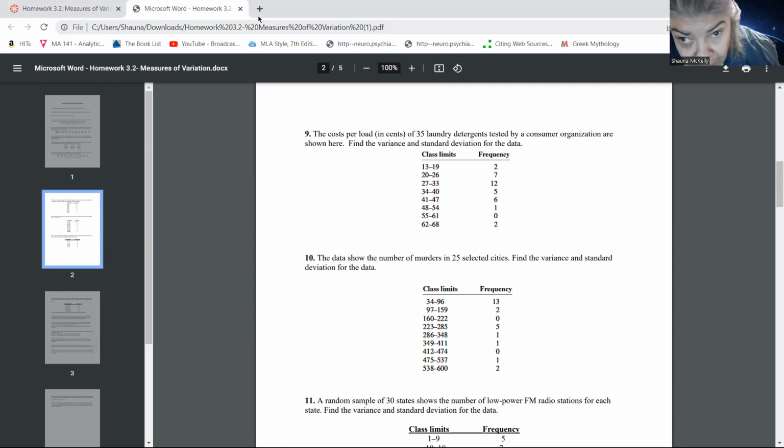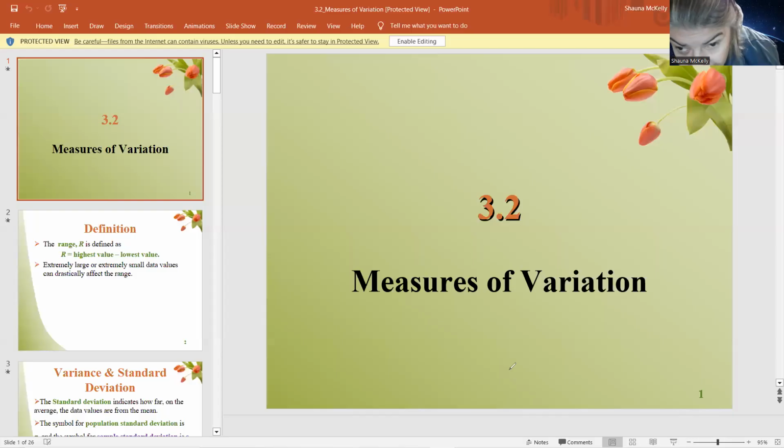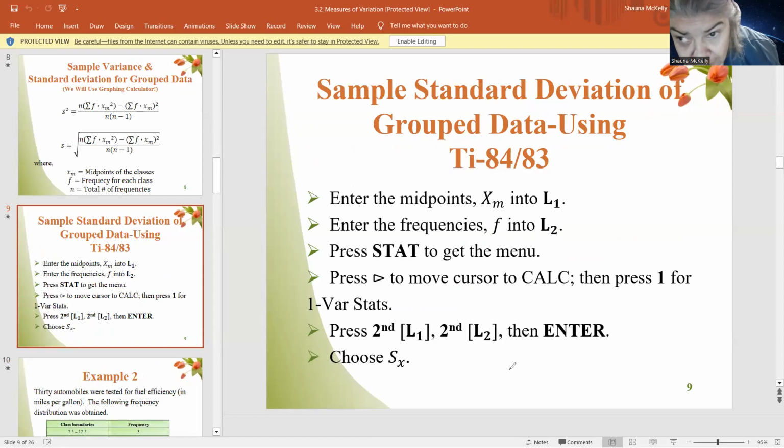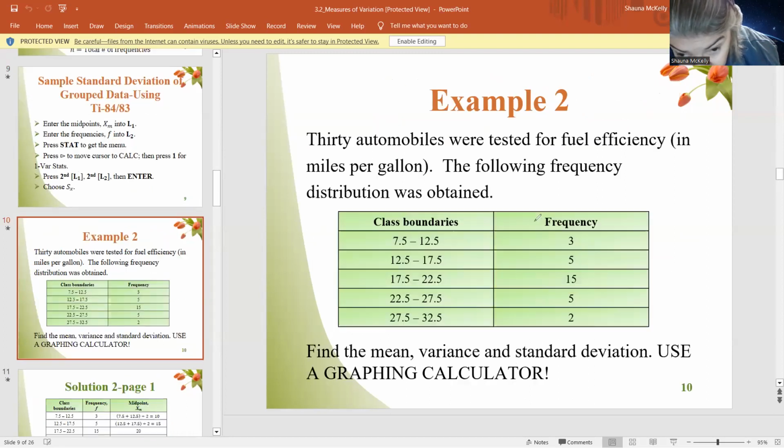So here, I'm going to put up the slides again. If you look at sample standard deviation for grouped data, enter the midpoints XM into L1, enter the frequencies F into L2, press stat to get the menu, press the arrow to the cursor, 1 var stats, and choose SX.